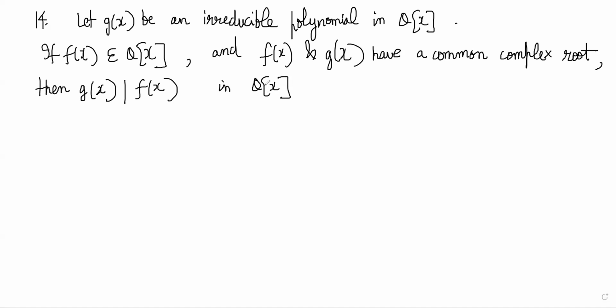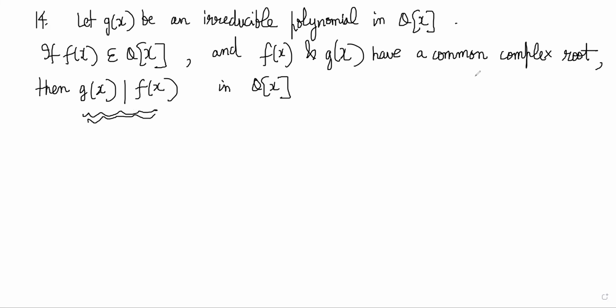So g of x is irreducible, and f of x is another polynomial in the same set Q of x, and they have a common root. Then g of x divides f of x.